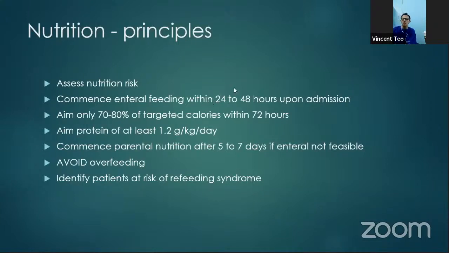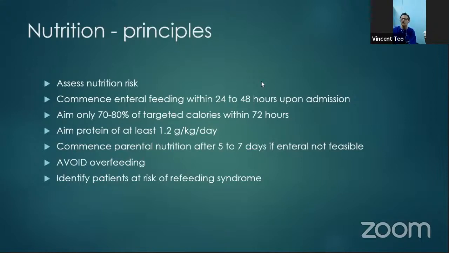So what is important is to commence enteral feeding early, within 24 to 48 hours. However, for the first 72 hours, you need not push all the way to 20 or 25 kilocalories per kg, and all you need to aim for is about 70 to 80% of it. However, it's important to focus on the protein, which should be at least 1.2 grams per kg per day.